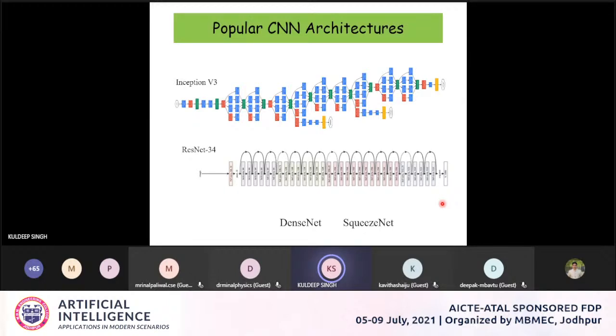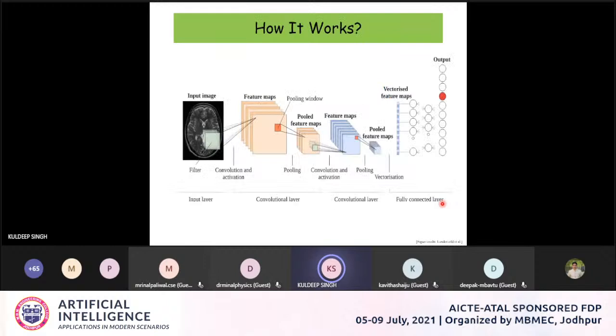So it's up to you how you want to proceed, what kind of architecture you want to choose. Nowadays, you have pre-built or predefined architectures available. Pre-trained architectures are also available on certain data sets. You can apply a transfer learning approach and use these readily available CNN architectures.